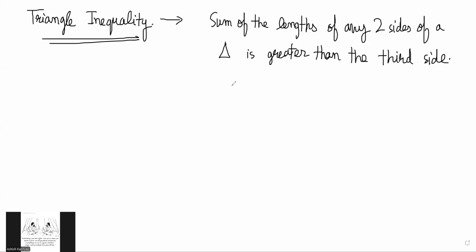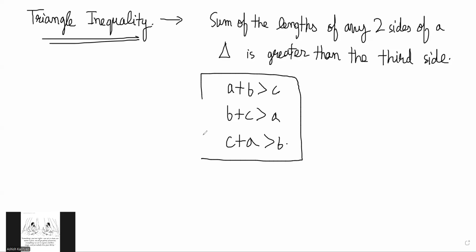So in any triangle, you will always have these inequalities. All of them will be valid, always. If small a, small b, small c are the sides of a triangle, these three inequalities are always valid.